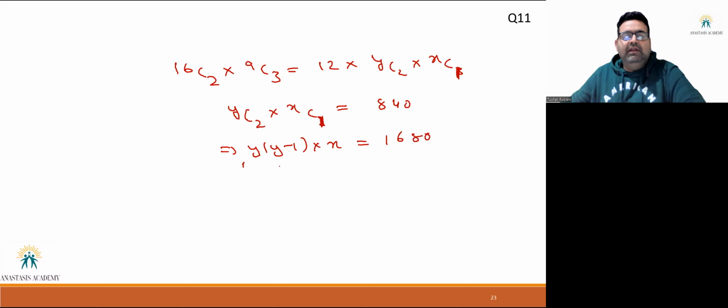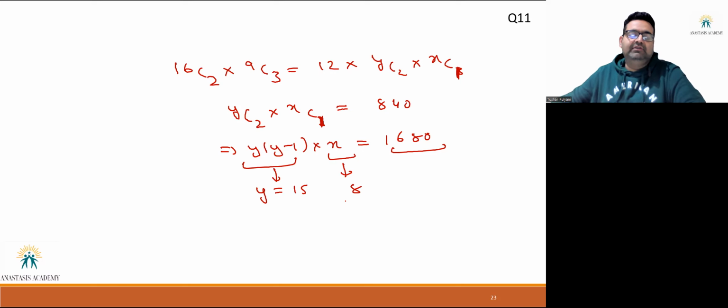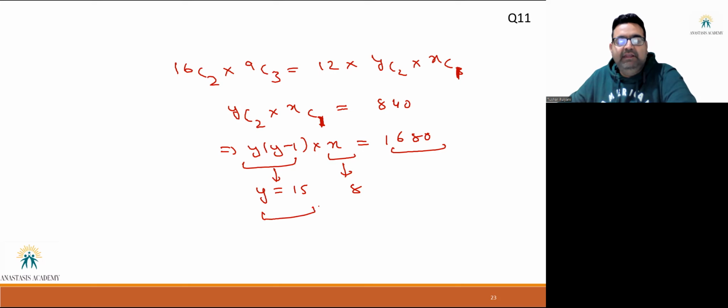Now here I can do a bit of number fitting by making factors of 1680. The very interesting thing is that y equal to 15 and x equal to 8 is also giving a solution to this question. That was a very fantastic thing. Obviously, XAT will not have to come out with any clarification because the answer is the same for both. So when y is 15, since there were a total of 16 items, there will be one with gluten.